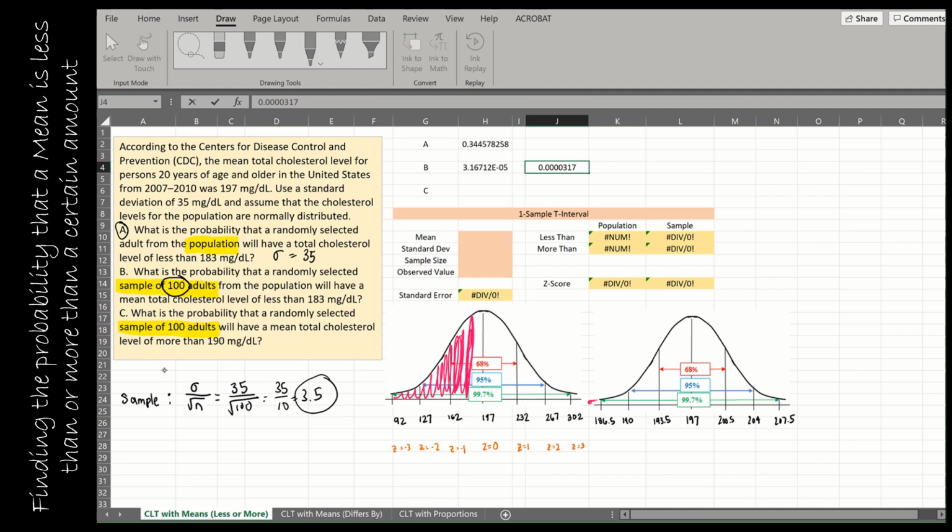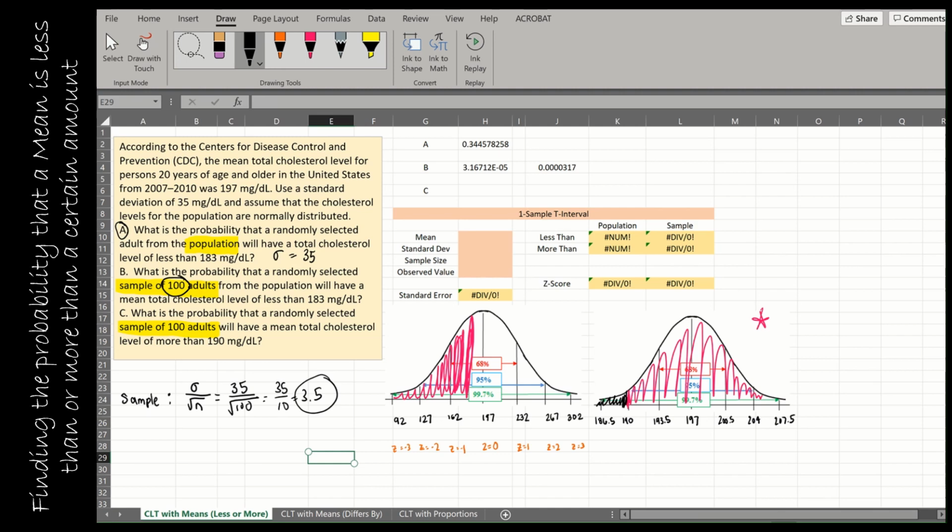So I'm looking at this normal model, and I'm looking for a level of more than 190. So a couple of things to remember. First of all, 190 is right here, and if I'm looking for more than that, then I'm going to go to the right. But remember, if I use the cumulative function at 190, it's going to give me all of this area to the left.